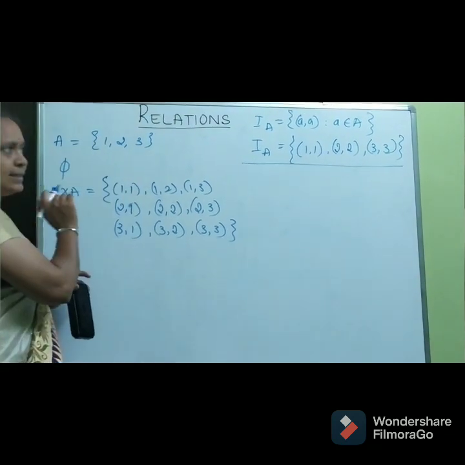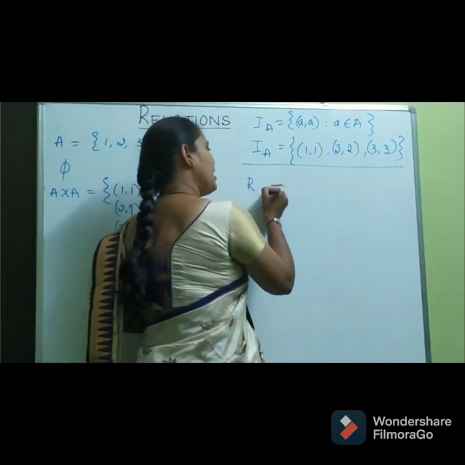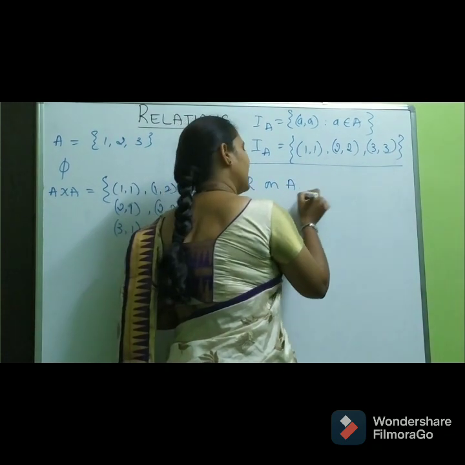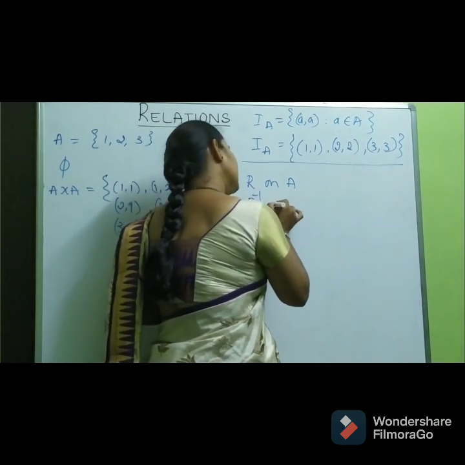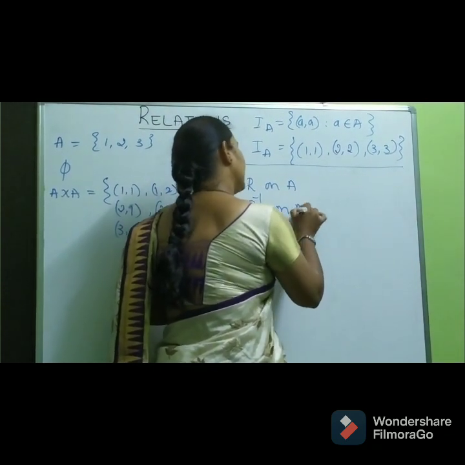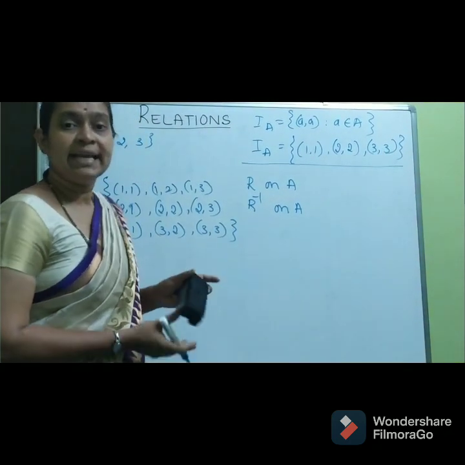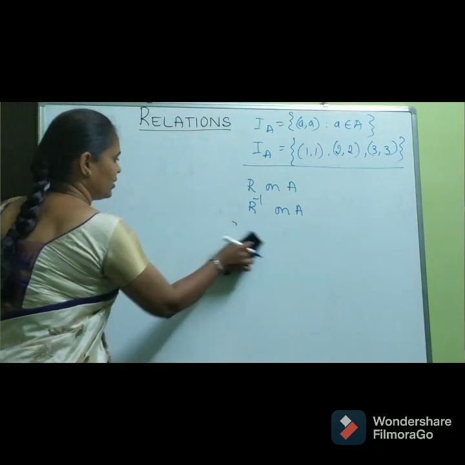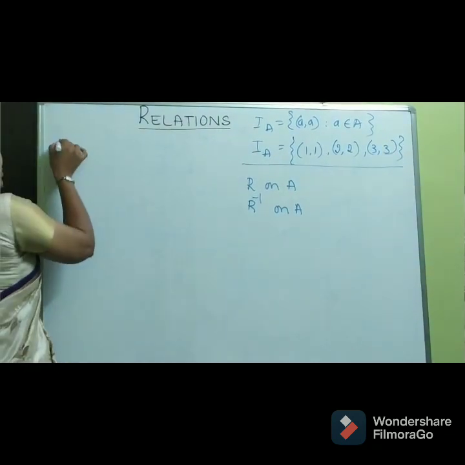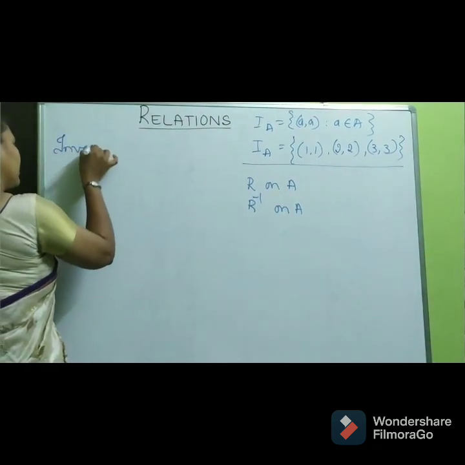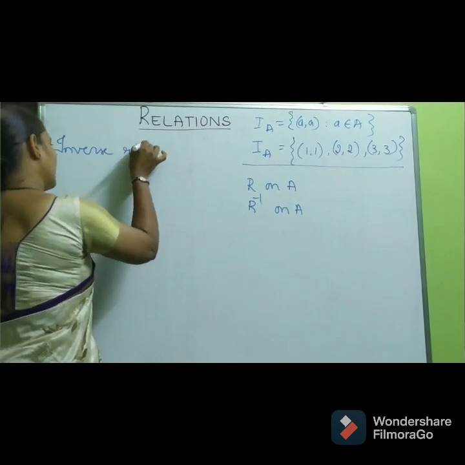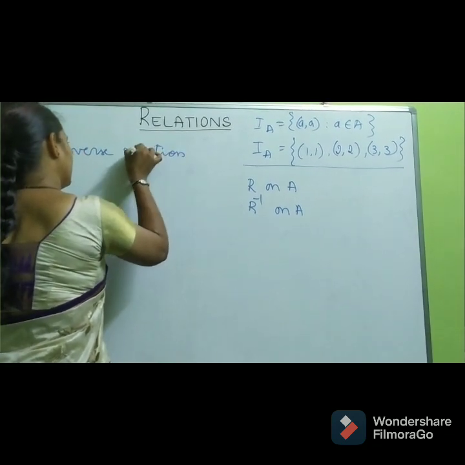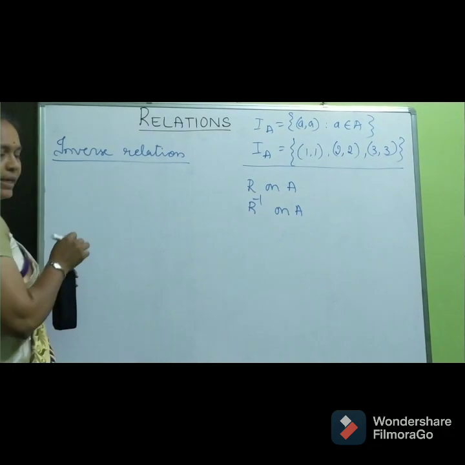If R is a relation on A, then R inverse is also a relation on A. This is called the inverse relation. Let me take R equal to {(1,2), (2,2), (3,1)}. Then R inverse I would like to define.